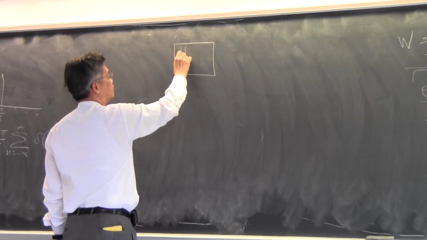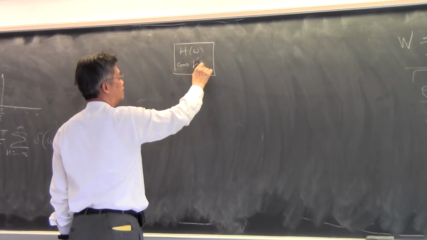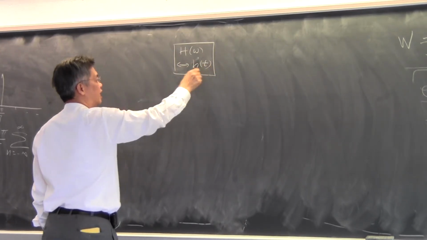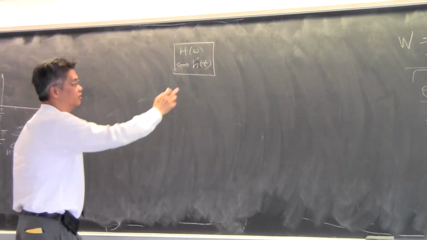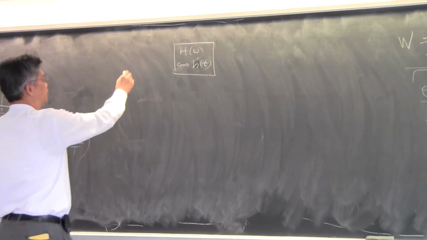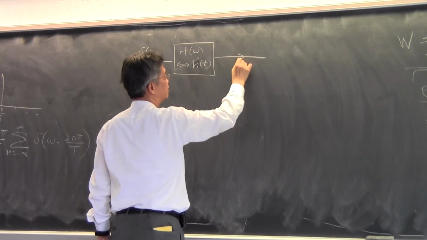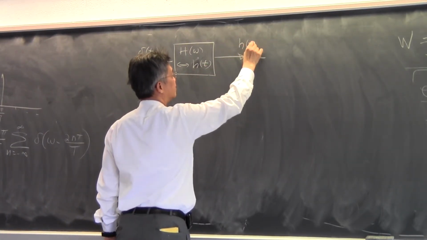If I have a frequency response, a Fourier transform of a time domain function, what name do you give that time domain function? The impulse response. Because if you were to have a delta function coming in, the output is just that.